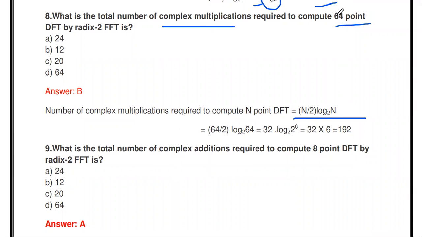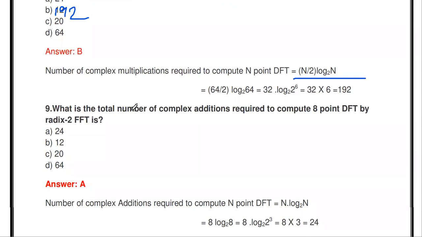Here the n value is 64, so 64 divided by 2 times log 64. 64 divided by 2 is 32, into log of 64, which we can write as 2 to the power 6. Log base 2 of 2 to the power 6 is 6. So 6 into 32 is 192. So B is the answer; 192 is the answer.